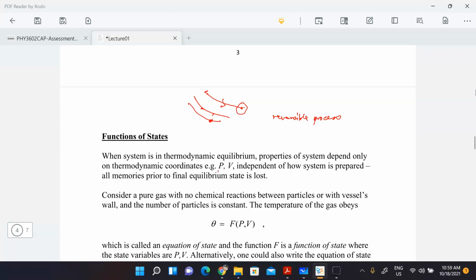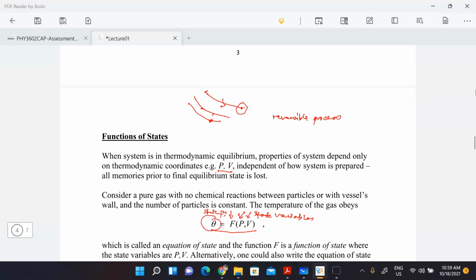In this particular case, it's your P and V. So as I said, you can define in an isotherm the temperature, and you have this function f as a function of P and V. These P and V are what we call the state variables, and your f is called the state function, which defines the temperature.